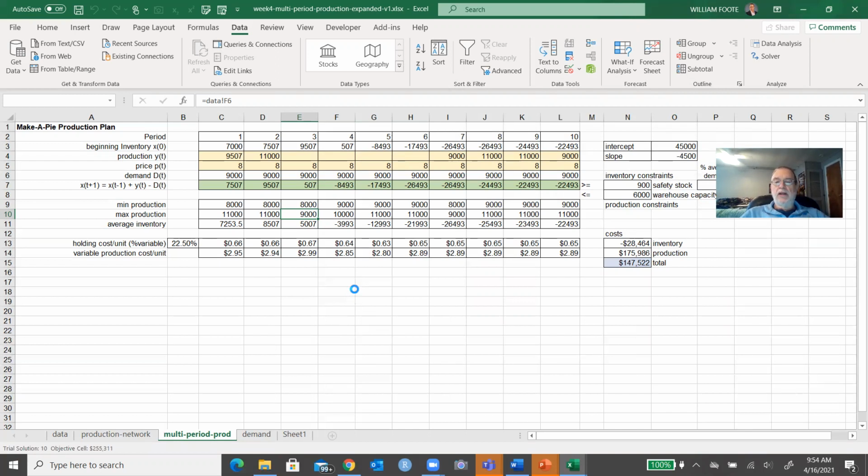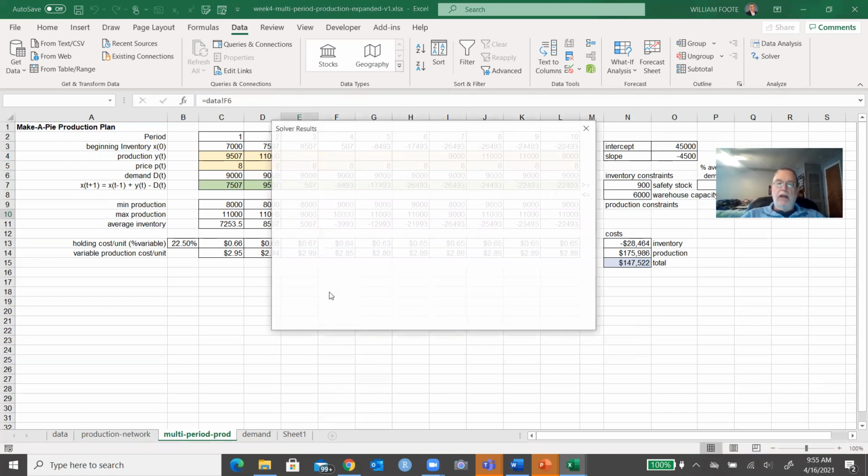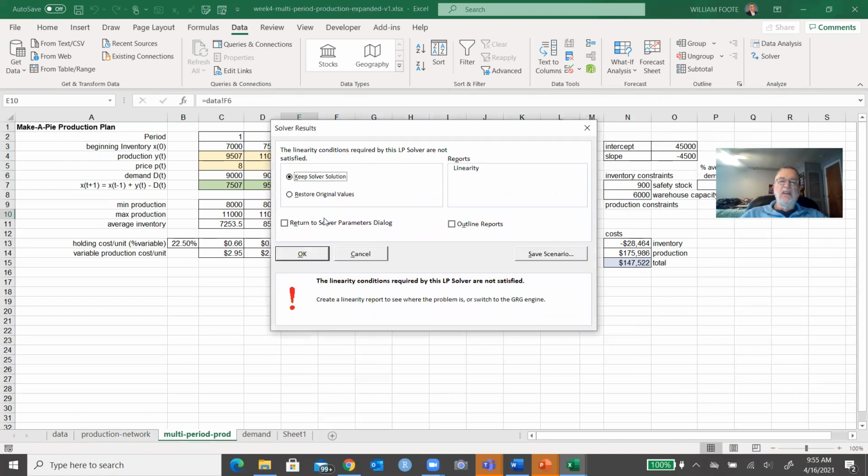It's going through many iterations because it's solving for 20 variables. So you can imagine, there we go. It doesn't like it because of a linearity issue. And that's not a problem. I wanted to have this problem, by the way.